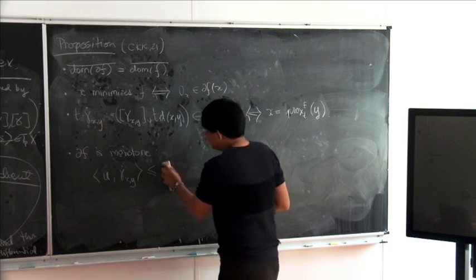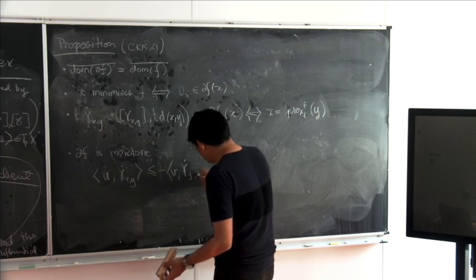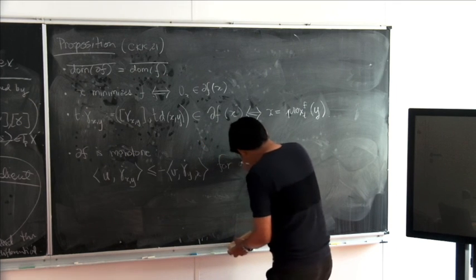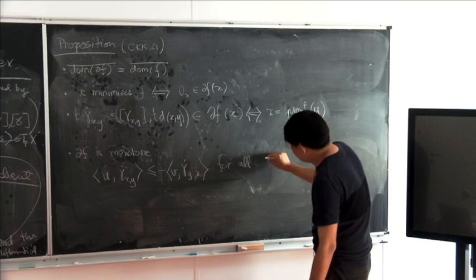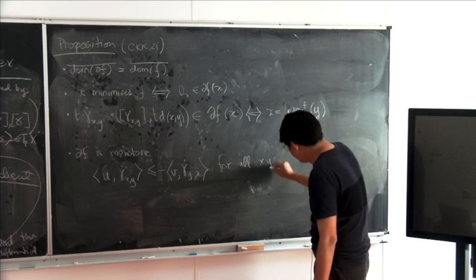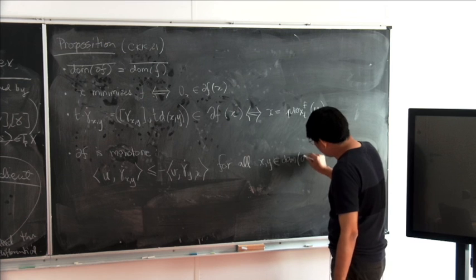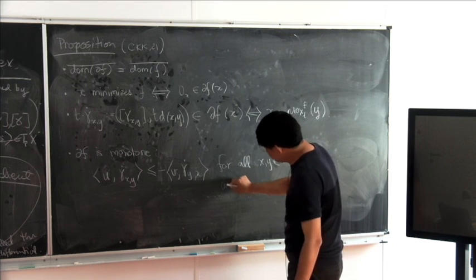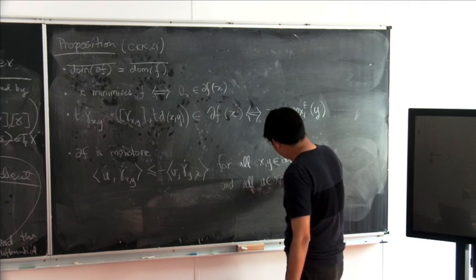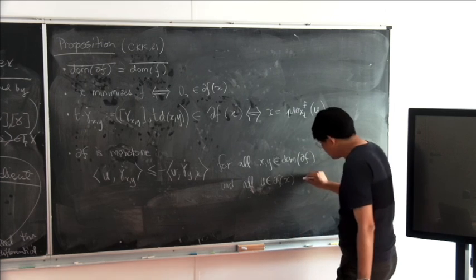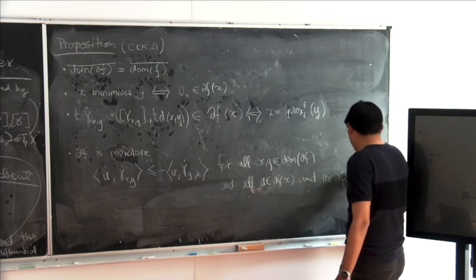This is less than or equal to minus of v and gamma dot y x, for all x and y inside the domain, and all u inside the subdifferential of f at x and all v inside the subdifferential at y.